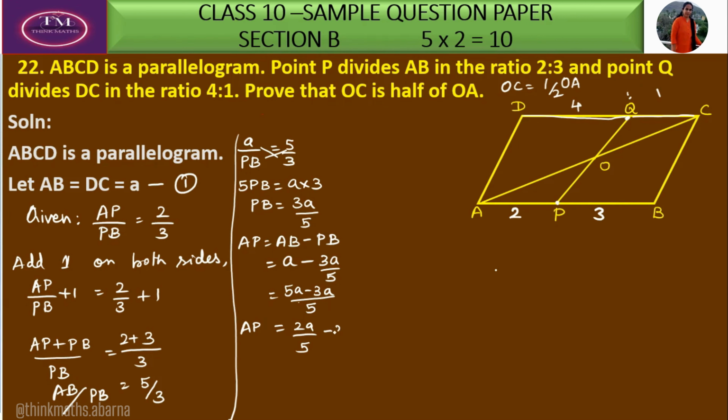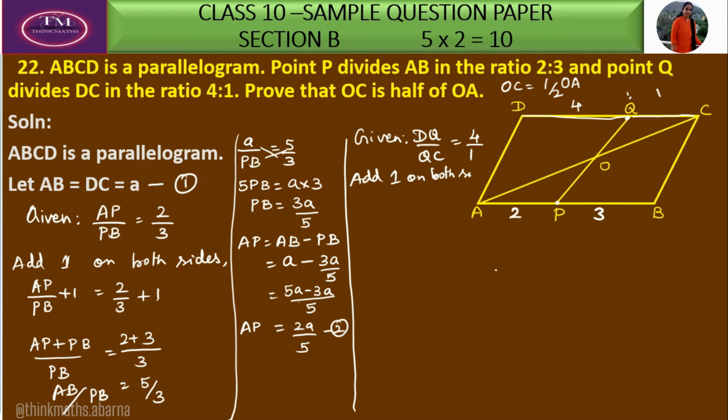So let us mark this as number 2. Now again what is given? They have given DC in the ratio 4 is to 1. So DC is divided by Q in the ratio 4 is to 1. DQ by QC is equal to 4 by 1. The same procedure, adding 1 on both sides. In the numerator we will get DQ plus QC, which is DC.